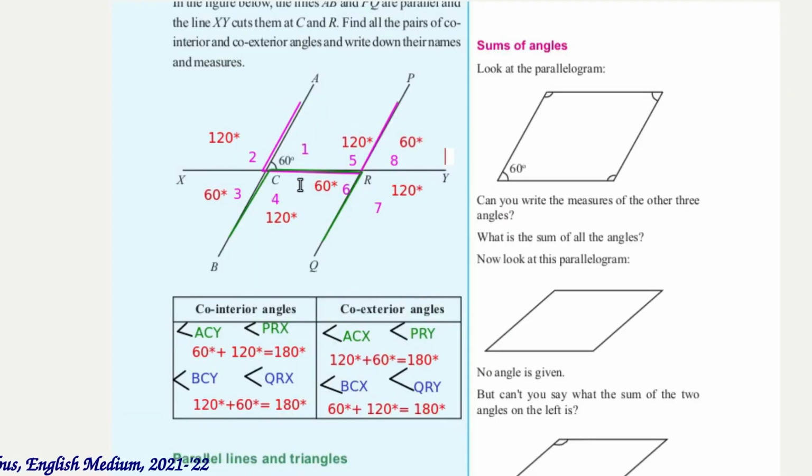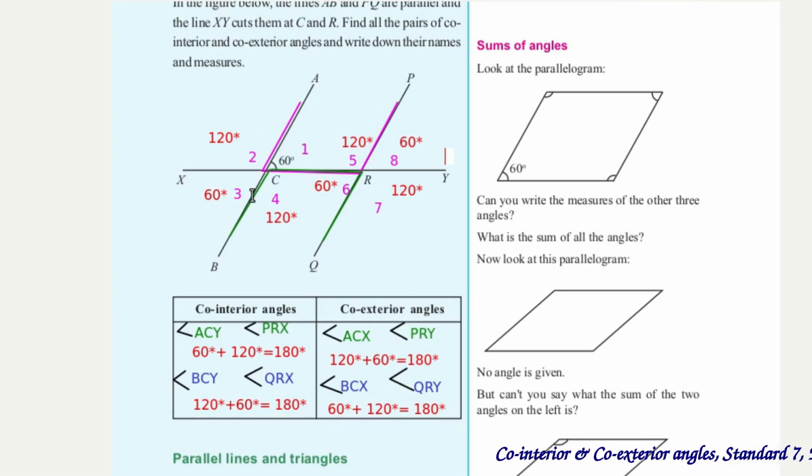Okay, here you can see two parallel lines, line AB and line PQ. These two are parallel lines, and line XY intersects these two parallel lines. I told you earlier that when a line intersects two parallel lines, 4 angles are formed here, and another 4 angles are formed here too.